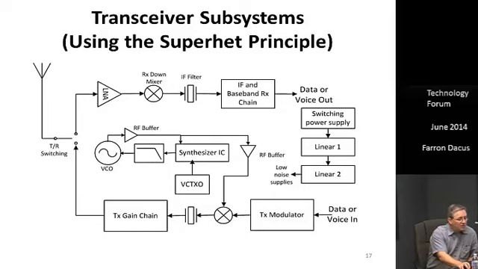You've got a synthesizer, which is normally shared with a transmitter chain, which does the opposite. You've got some modulation at baseband, you up convert it, you filter it to clean it up, you put as much gain as you want, you drive the antenna, and you've got a switch to go between transmit and receive. And that's basically any modern transceiver. It's pretty much following this pattern.